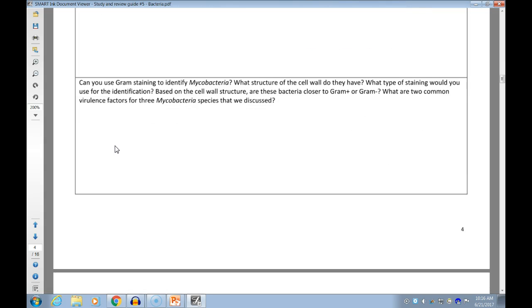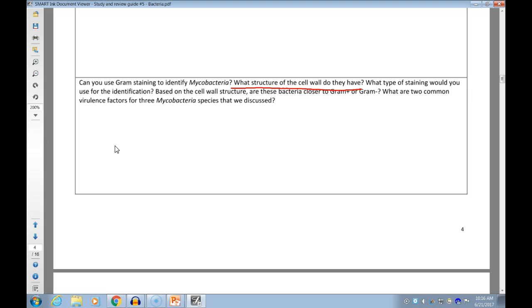Mycobacteria, few things that I want to remind you. What structure of the cell wall do they have formally? Mycolic acid on the outside, but other than that, is it gram-positive or gram-negative? Formally. Structure, not the staining, structure. I pictured it for you. Gram-positive, yes.